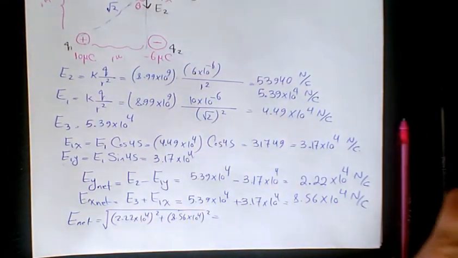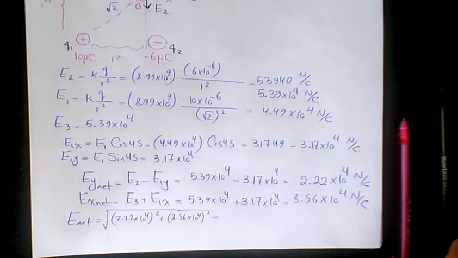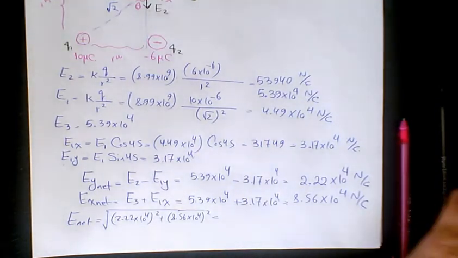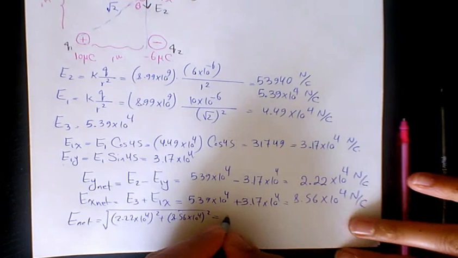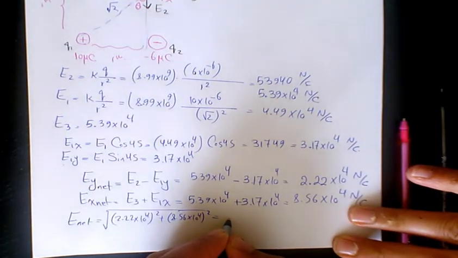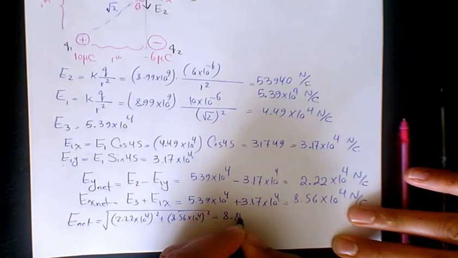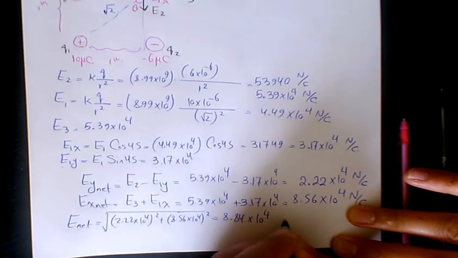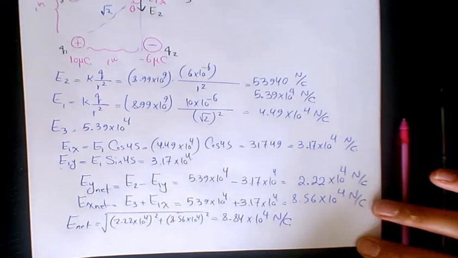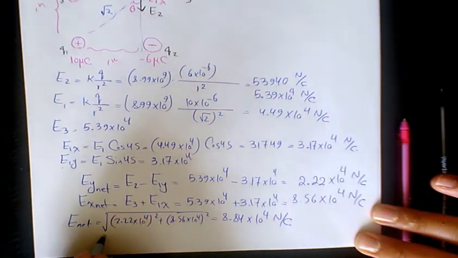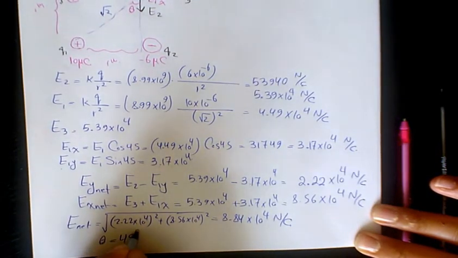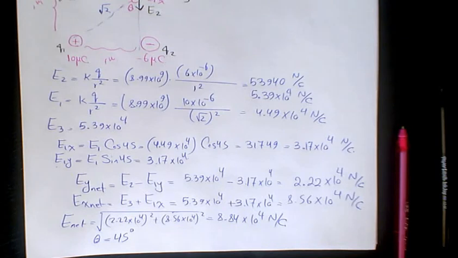That's going to be 8.84 times 10 to the power 4 Newton per Coulomb. And we already found the theta as well. We don't need to calculate it again.